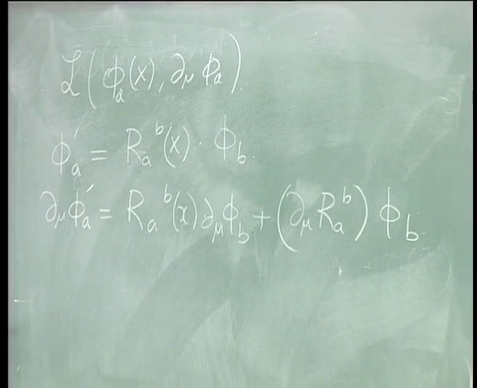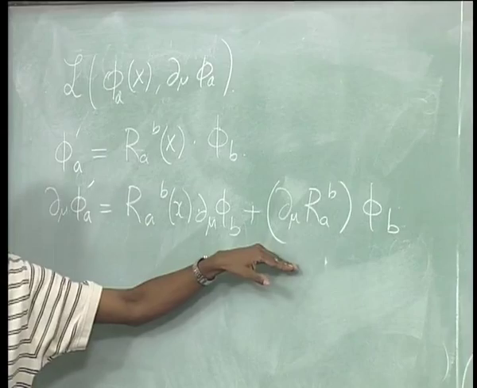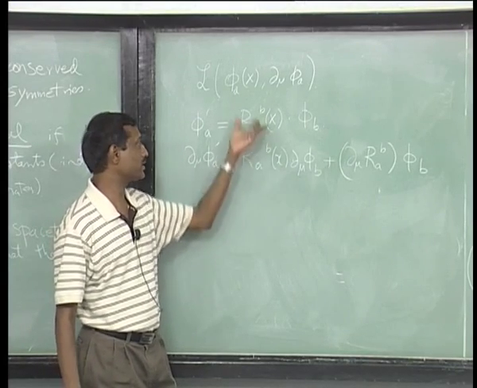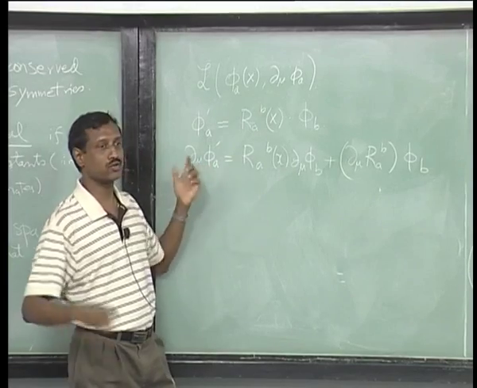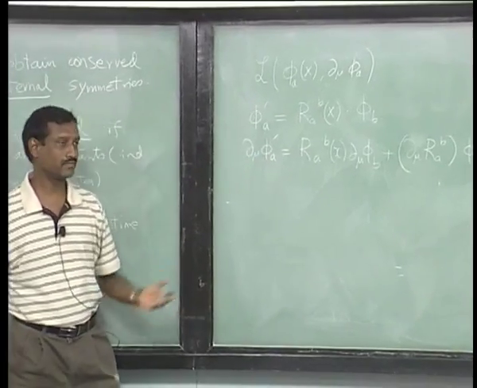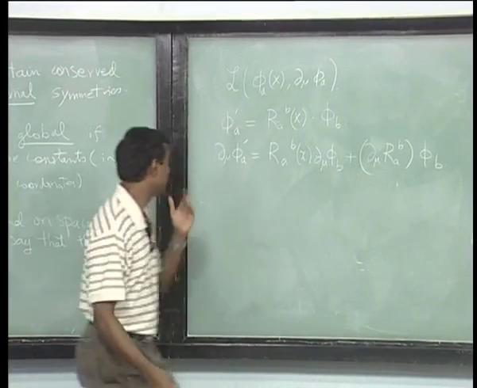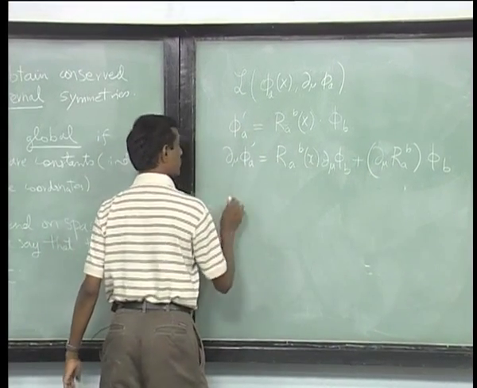If this term were not there, like in a global transformation, then d mu of phi a is transforming exactly like this. So, d mu phi a whole square will be invariant, but this will not be, because of precisely this thing.